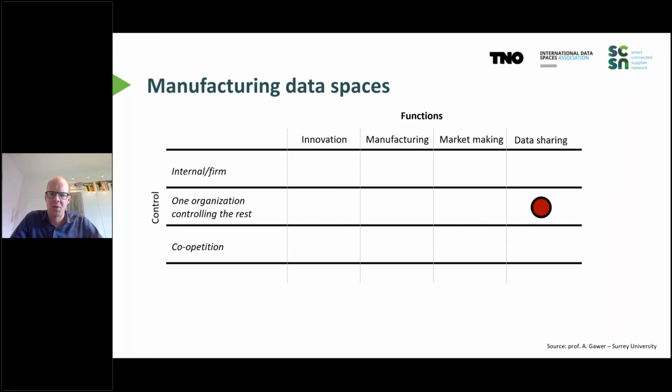And what we've noticed is that many of those initiatives have started on this middle level, with one organization starting with a cloud platform or some centralized initiative, bringing together data of multiple organizations. And then it's very easy to make a bridge to those other functions, because if you have the data, then maybe you can also think about bringing together supply and demand.